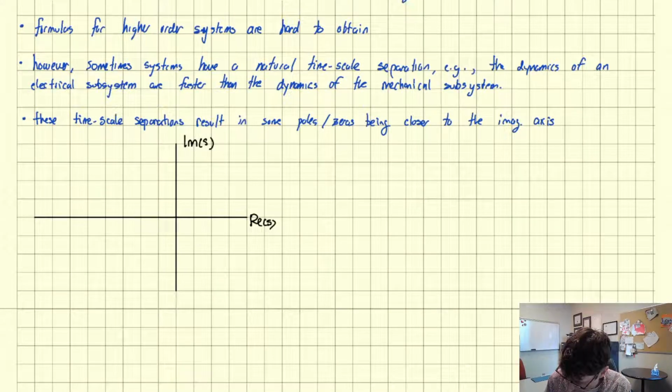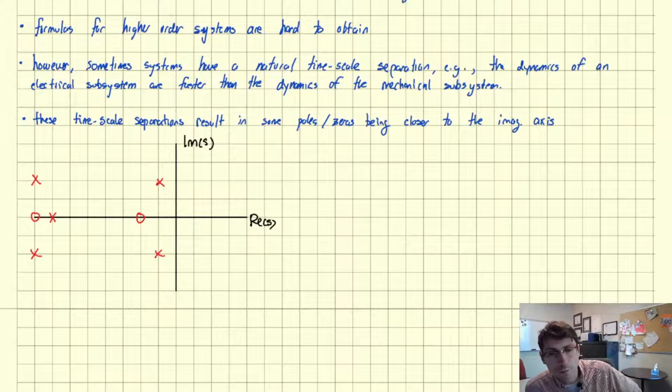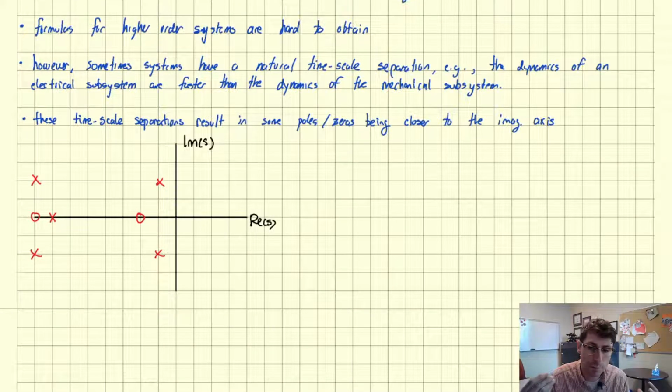And what I mean by this is that you might have some poles here which are close to the imaginary axis, and then you might have a group which are, relatively speaking, further away. Well, it turns out that for low frequency inputs, like step inputs, the transient part of the response is going to be dominated by these slow poles and zeros.